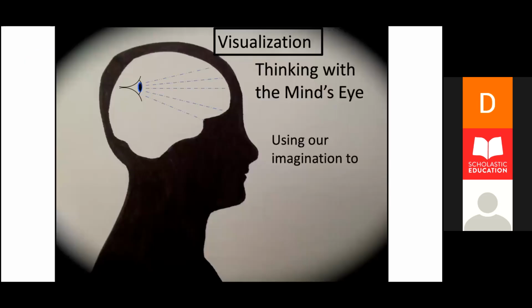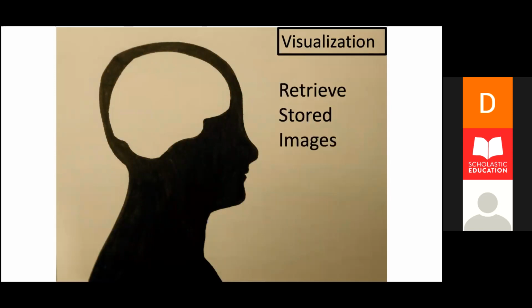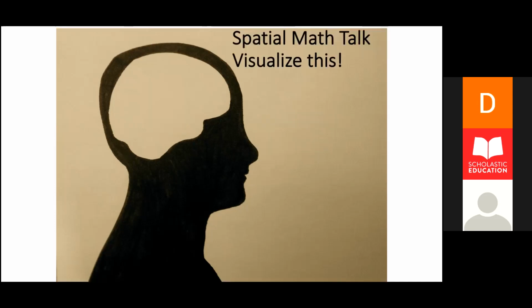Visualize is basically thinking with the mind's eye, using our imagination to generate and retain images. These images that we get from working with concrete materials, and then retrieve those stored images, and most importantly, be able to transform those images. Too often we deal with static images. We don't worry about the transformation, and that's something we as adults have to work on, and kids do too. So that's something we want to work on in the spatial reasoning.